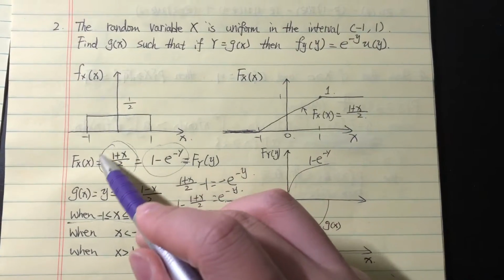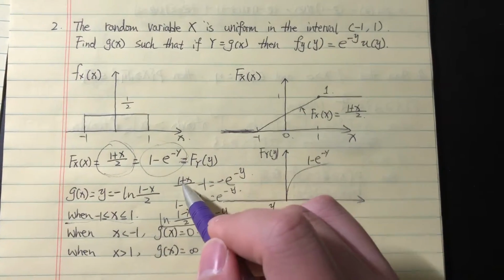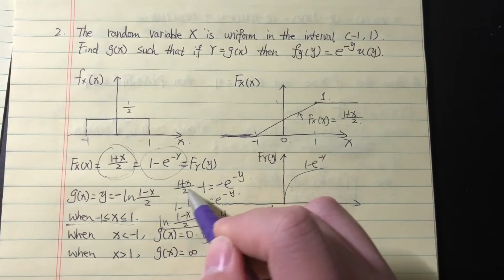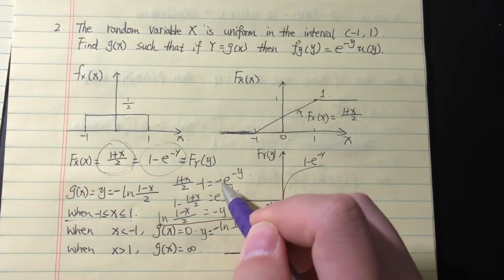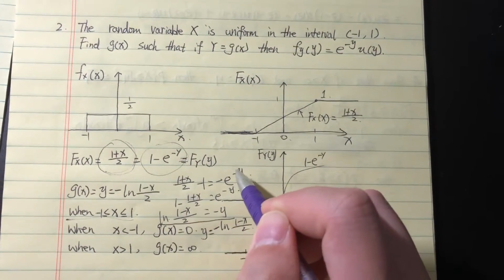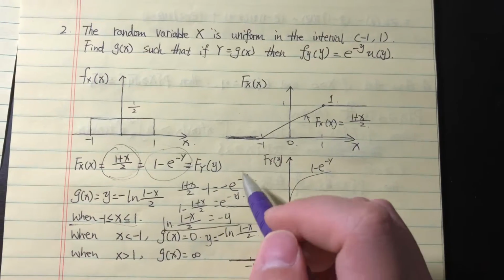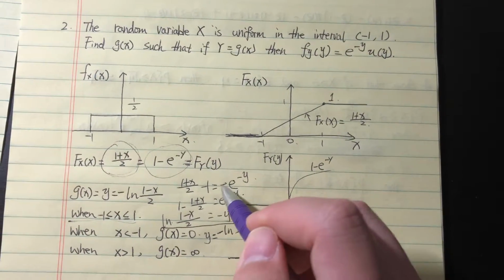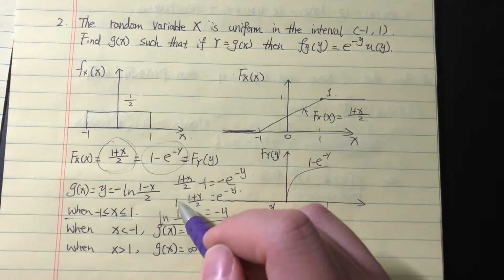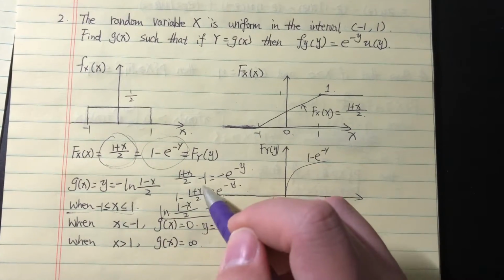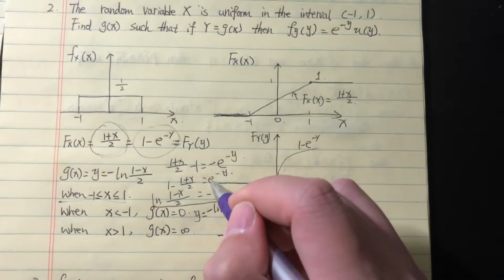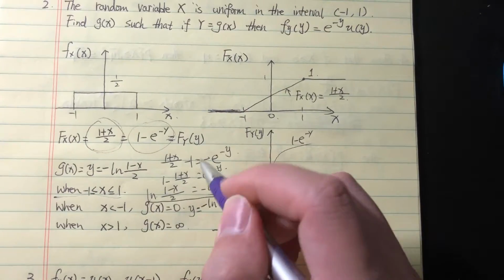So based on these two, we get (1 plus x) divided by 2 equals 1 minus e to the power of -y, and switching the minus to the other side, it is going to be 1 minus (1 plus x) divided by 2 equals e to the power of -y.